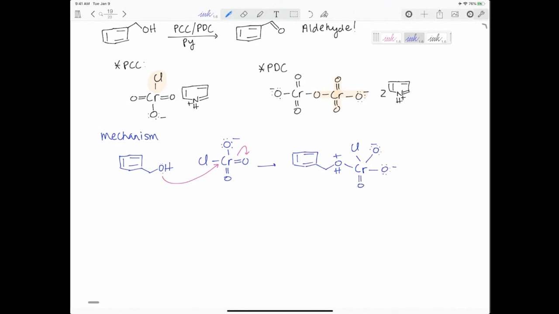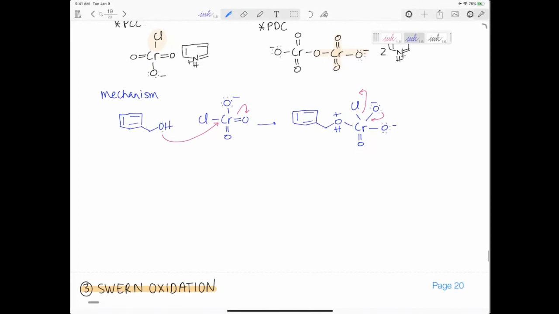Okay, and then resonance is going to dictate that my formation of a carbonyl is going to be really fast, almost instantaneous. So I form a double bond, and remember when I highlighted the leaving group for PCC, what leaves? Chlorine, right? Chlorine leaves, and you get this molecule here.